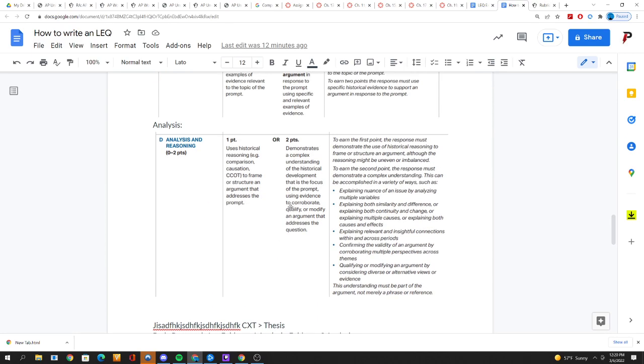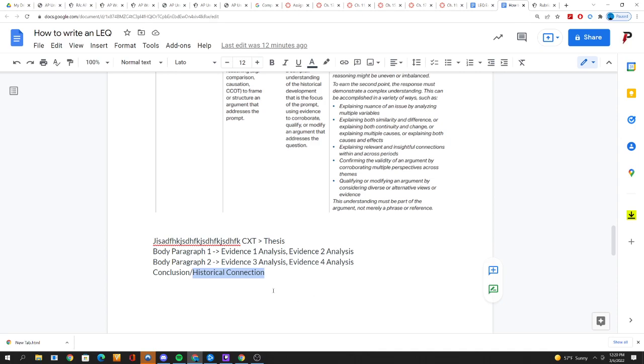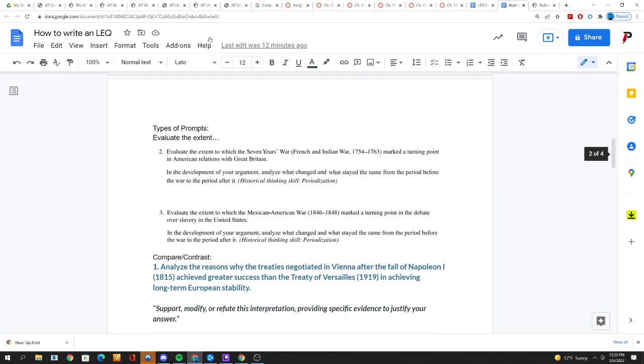And to put it simply, a historical connection is getting the current event you have. So, an example for this prompt, evaluate the extent to which the 7 Years' War was blah, blah, blah. I've already said it. You would compare the 7 Years' War impact on American relations with Great Britain and compare it to another event in history which impacted the relations between two countries. So, right now, it's 2022.